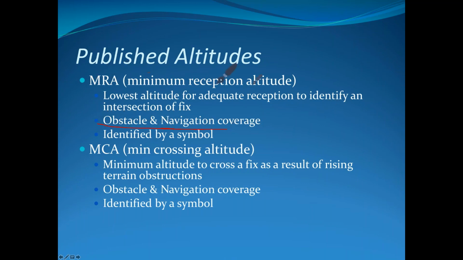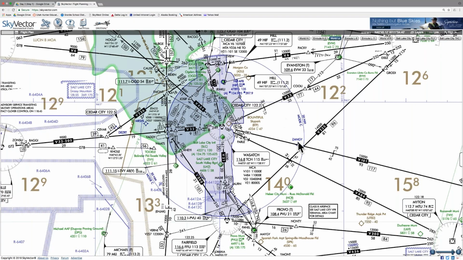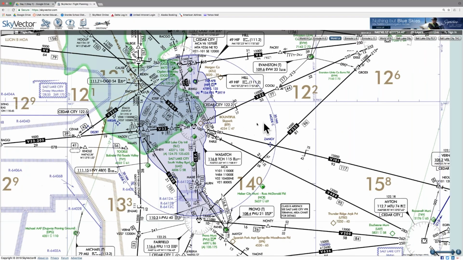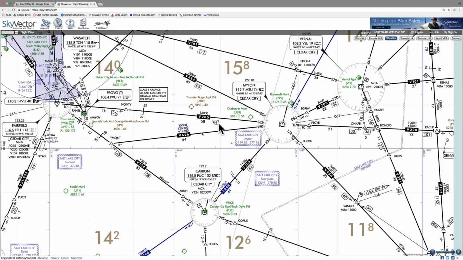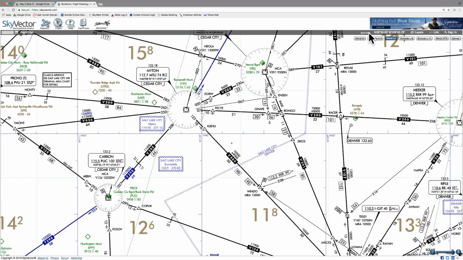So when we have an MRA, that's telling us that we have to be above a certain altitude in order to receive a signal for that VOR or for that station. And it's identified by a symbol. You'll see that as, let's look on these low charts, it's like an asterisk. There we go. Sometimes we'll see it there.